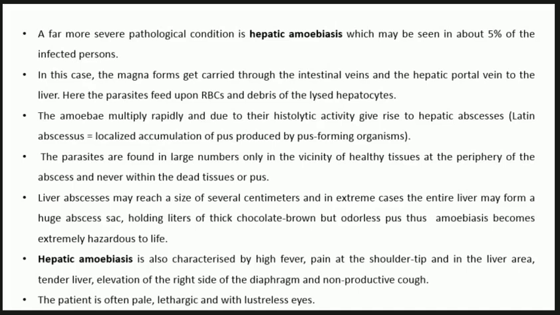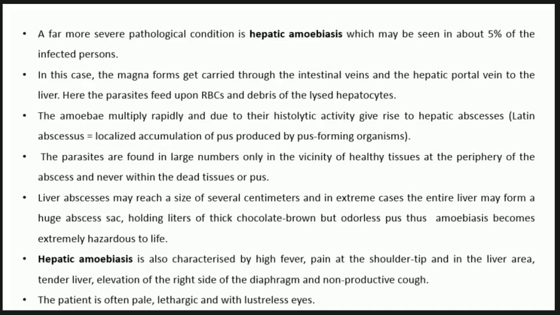So this hepatic amoebiasis is seen in just 5 to 10% of the infected persons actually, very rarely. So in this case, magna forms get carried through the intestine up to that area. Okay. Now what do they do in the liver? So these amoebae will multiply due to their histolytic activity and give rise to hepatic abscess.